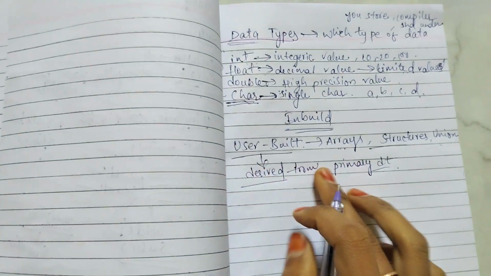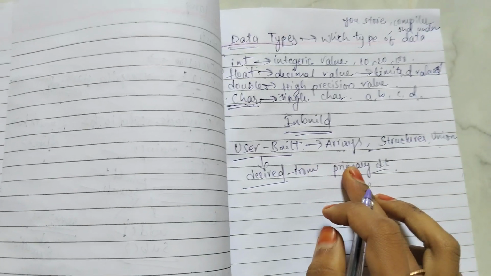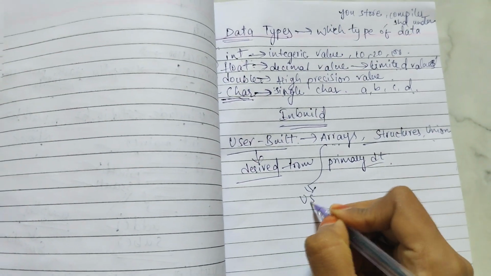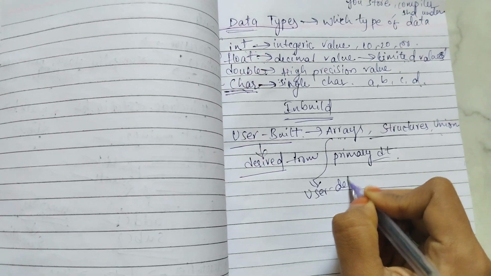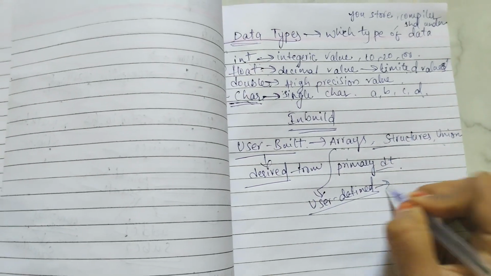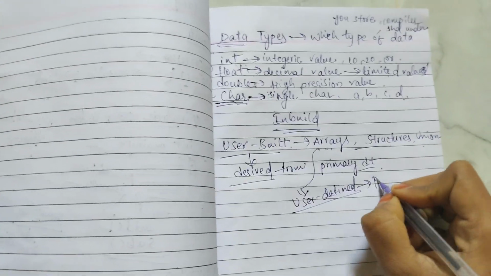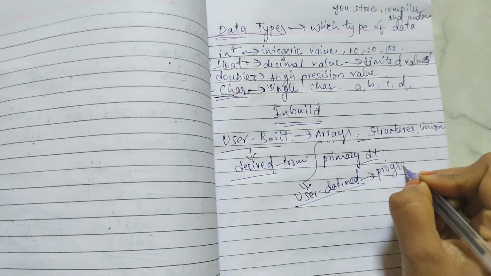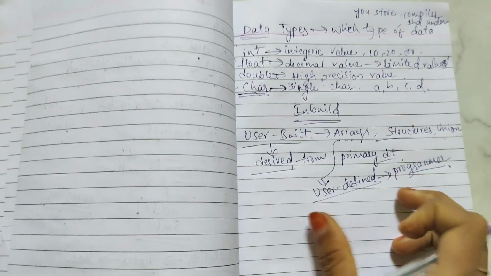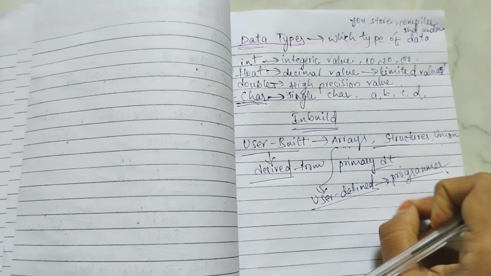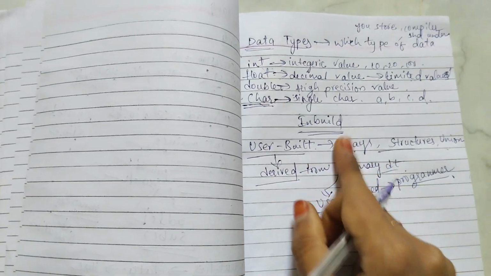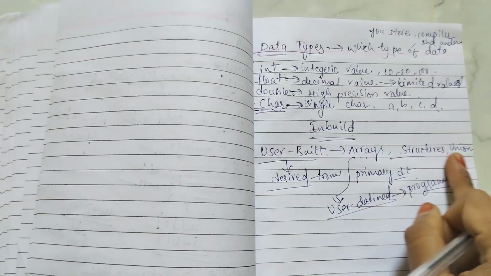And these are user defined data types. The user can define these data types, because we can modify and define them. The programmer can define arrays based on their needs. That's why these are user defined and user built data types.